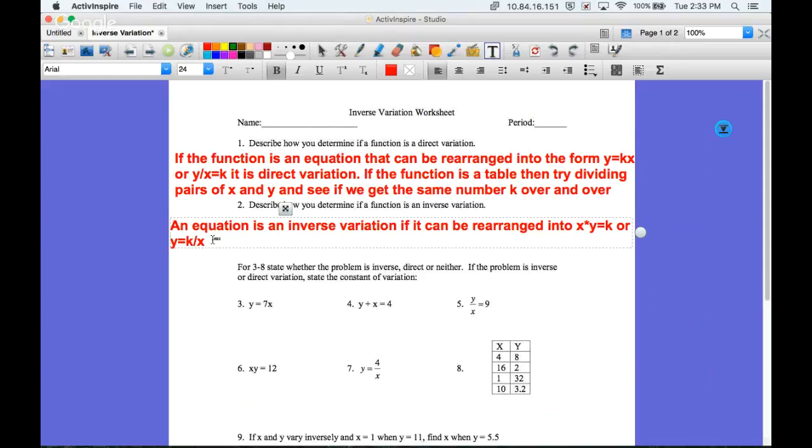So if you do your inverse operations and you switch it around and you can get into one of these forms, then you've got direct or inverse variation.